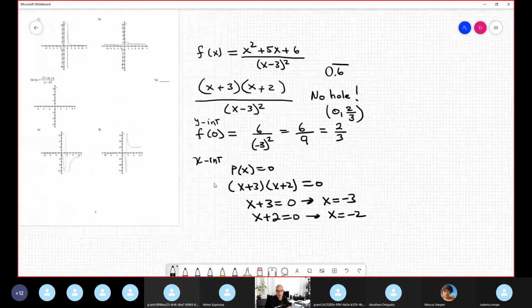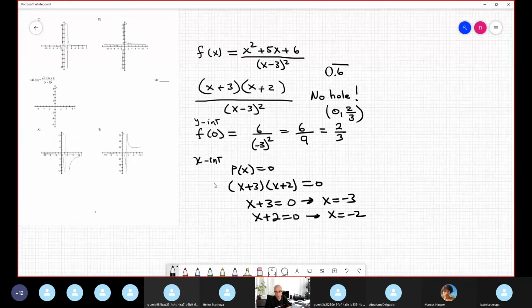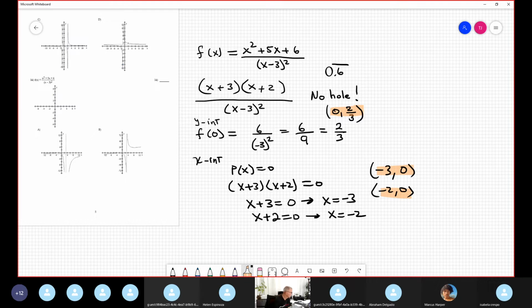It's obvious because the degree of the top is 2. Then, the points are negative 3, 0 and negative 2, 0. So far we have 1 point, 2 points, 3 points. Nice. Okay. Excellent.